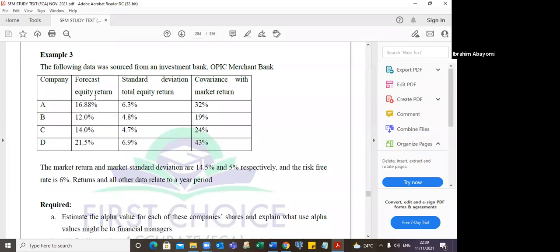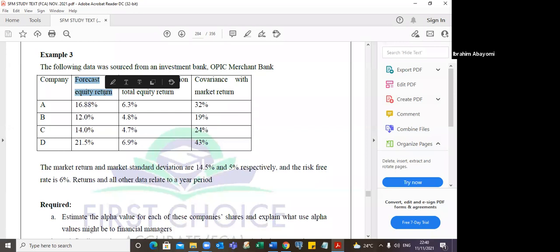I have my forecast equity return. Forecast means expected. Don't let any examiner use it to confuse you. Forecast there means expected return in the future, what you are getting in the future. So we have been given expected return.